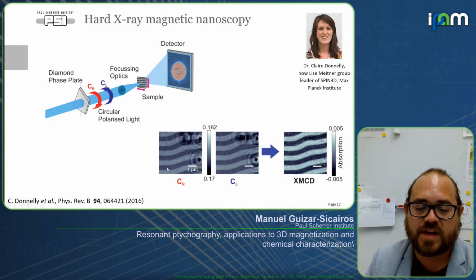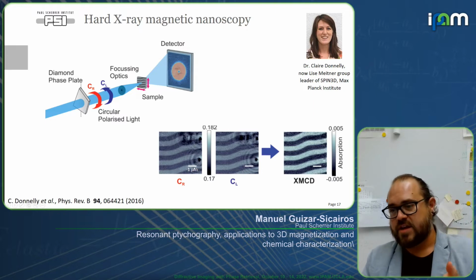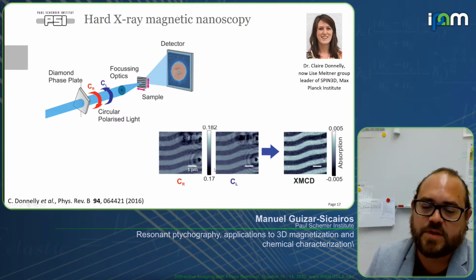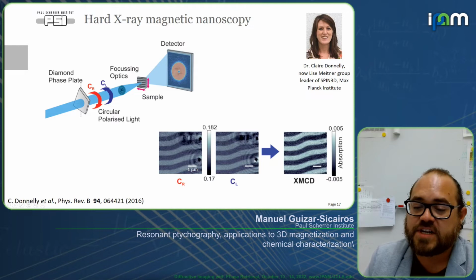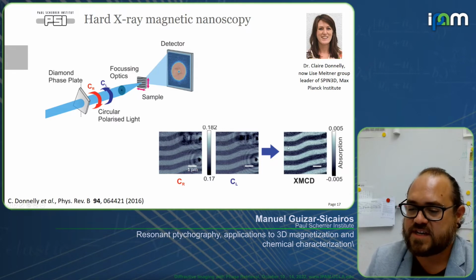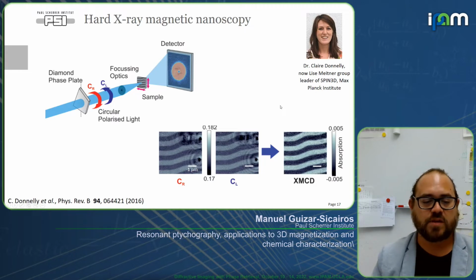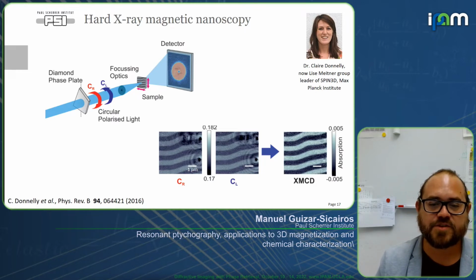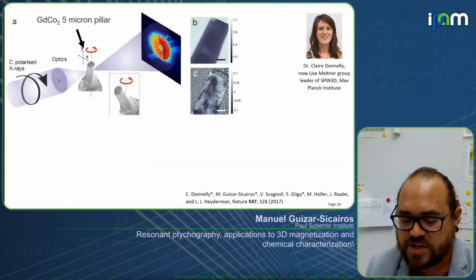And here you see the magnetization contrast when we switch the circular polarization. You see how the dark domain becomes a bright domain, and if you take the difference, then you have this XMCD signal. So once we managed to establish two-dimensional imaging, we move to the three-dimensional case.